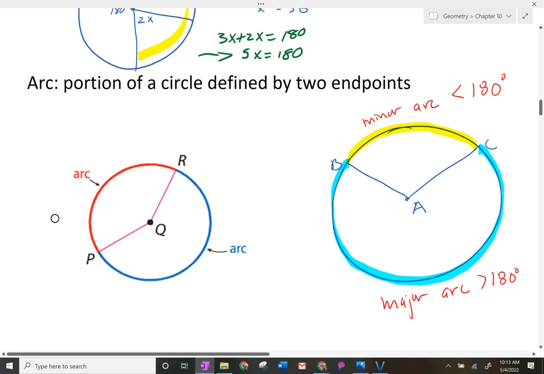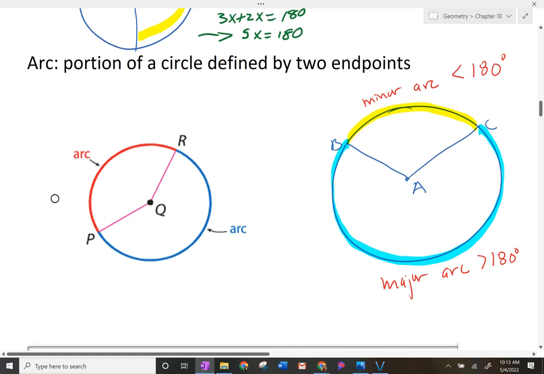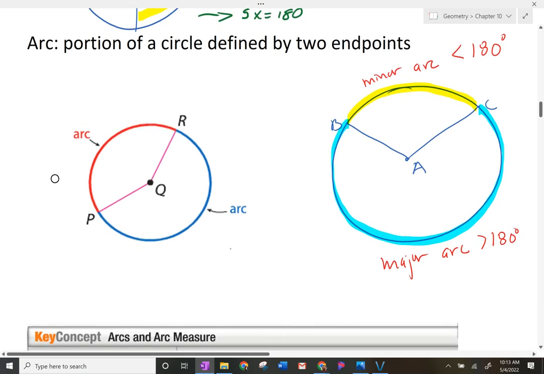All right, but when I write this, or when you see this, if I were just to tell you I have angle PQR, because it's in a circle, I don't know which one they're talking about.